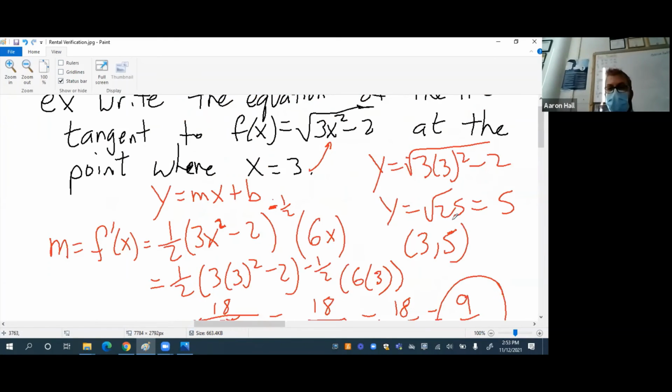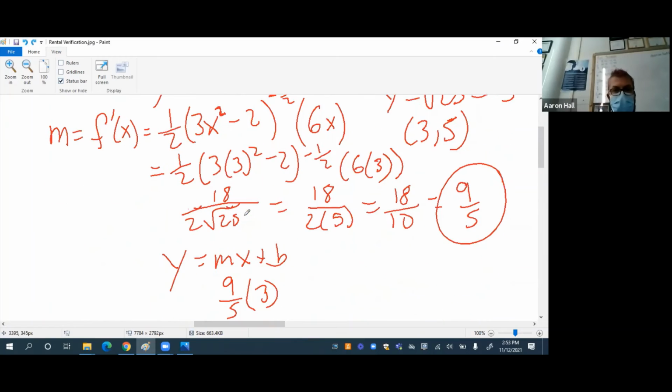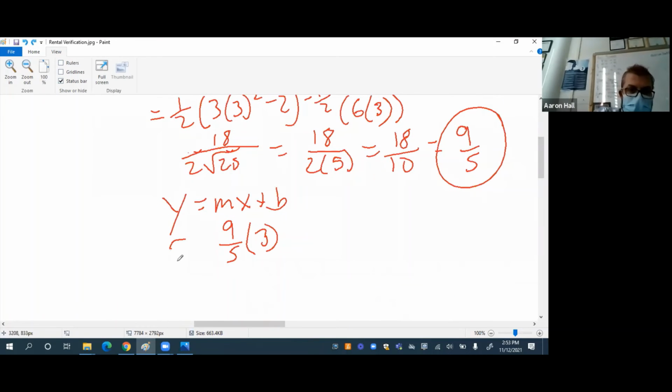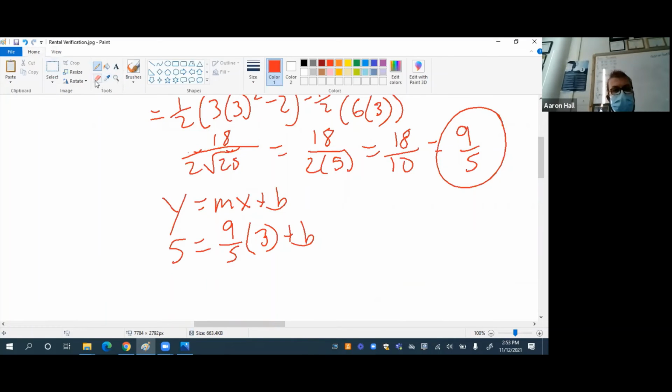Our y is, how did we find the y? How did we find that it was 5? Yeah, we took that 3, plugged it into the original equation. It gave us 5, so that's our y value. I'll plug that in here, 5, and then plus b. How do I solve for b?